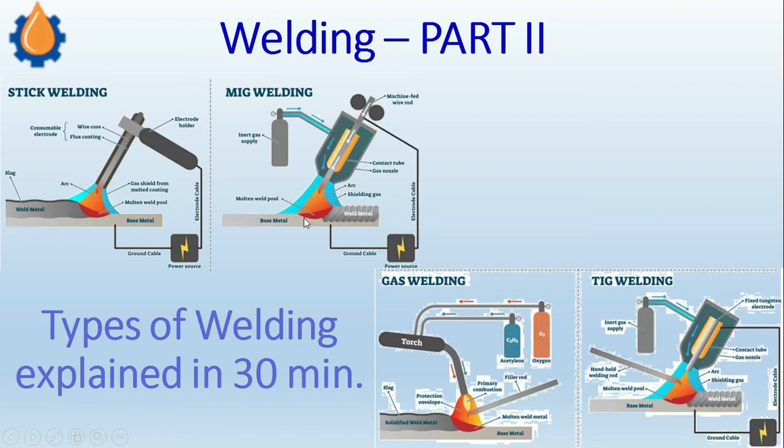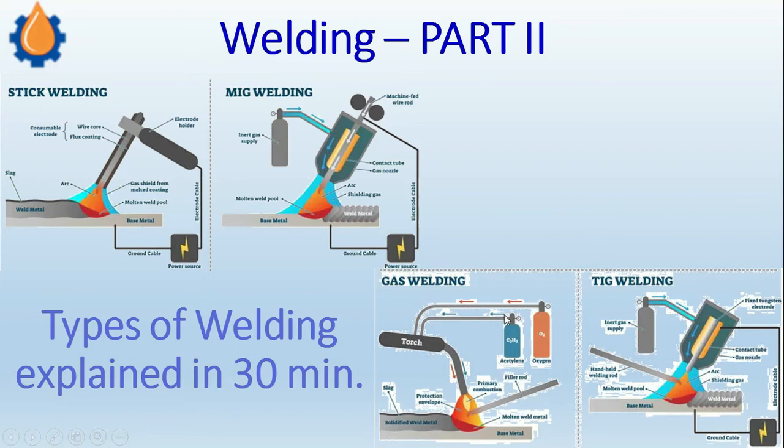That is its most important function in MIG, which means metal inert gas welding. Inert gas is non-reactive or non-oxidizing. So we are going to see this video, and then we have gas welding.